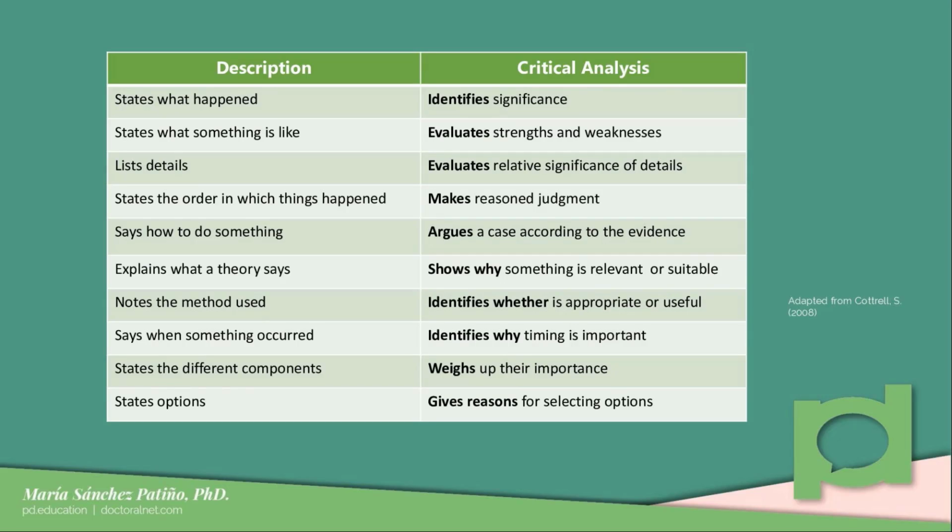You have to make reasoned judgments, argue the case, show why something is relevant or suitable or irrelevant, identify whether it is appropriate or useful and why timing is important. I mean, give reasons for selecting options.